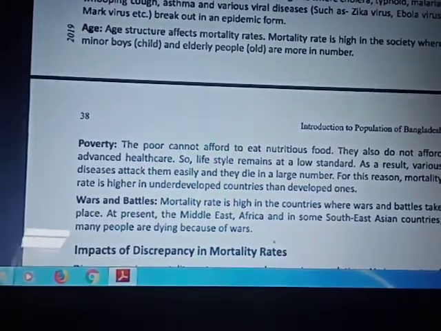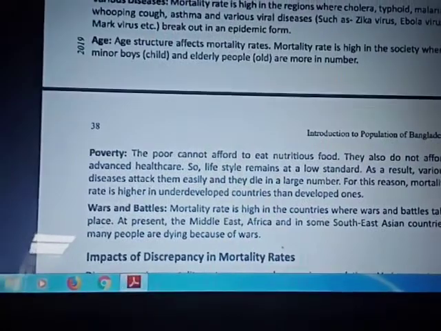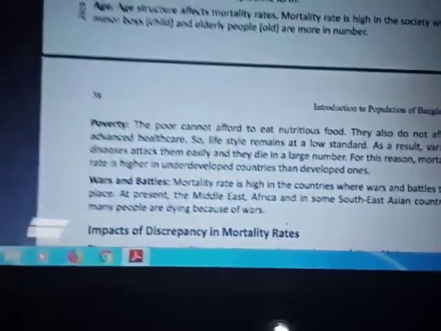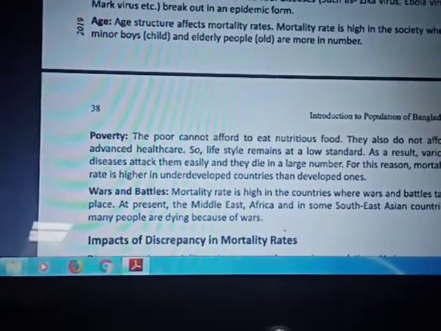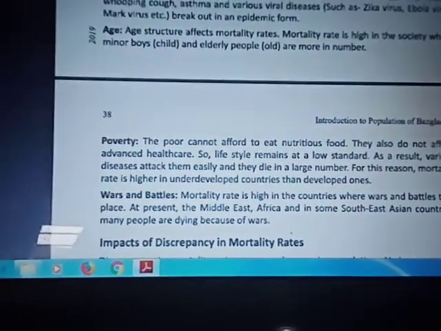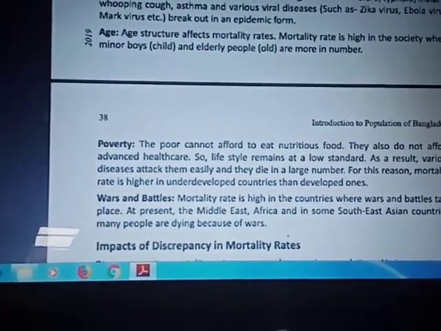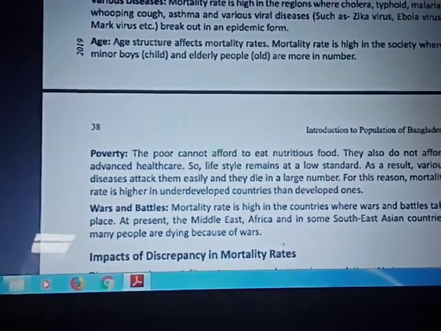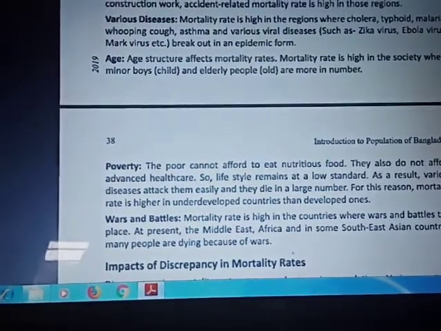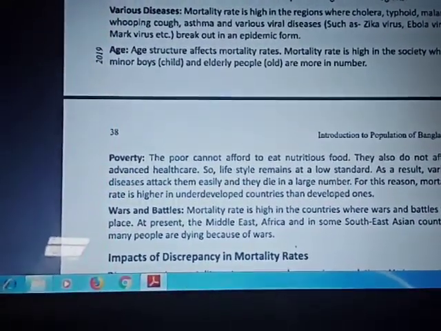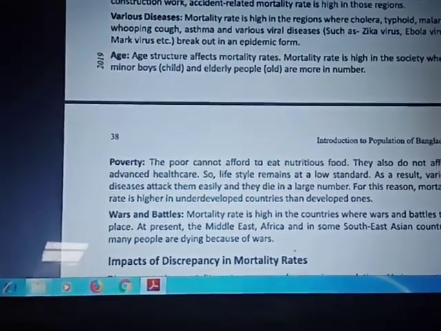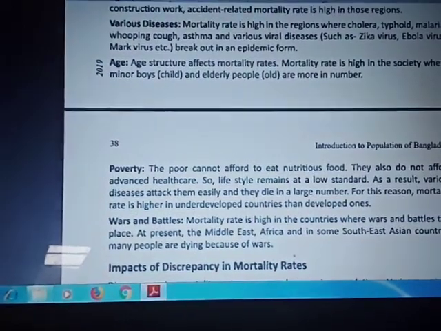For this reason, mortality rate is higher in underdeveloped countries than developed ones. In developed countries, treatment facilities are high, especially in Japan, Malaysia, Bangkok, Thailand. But in developing countries, there is no secure treatment system or healthcare system.